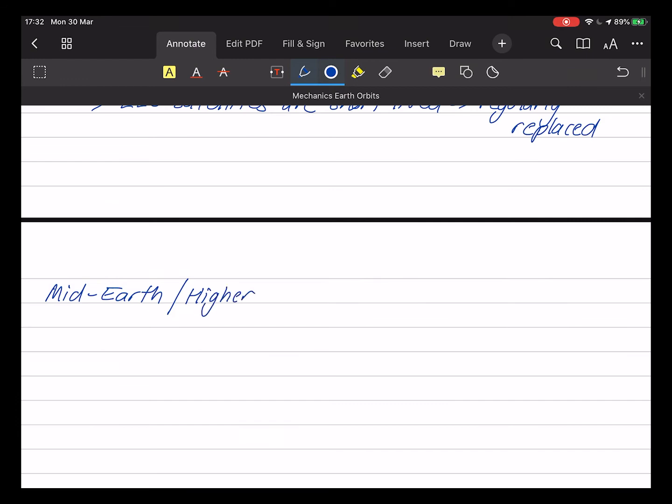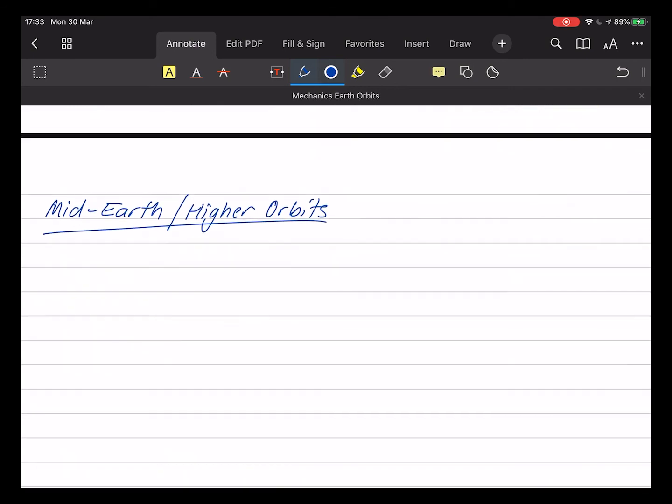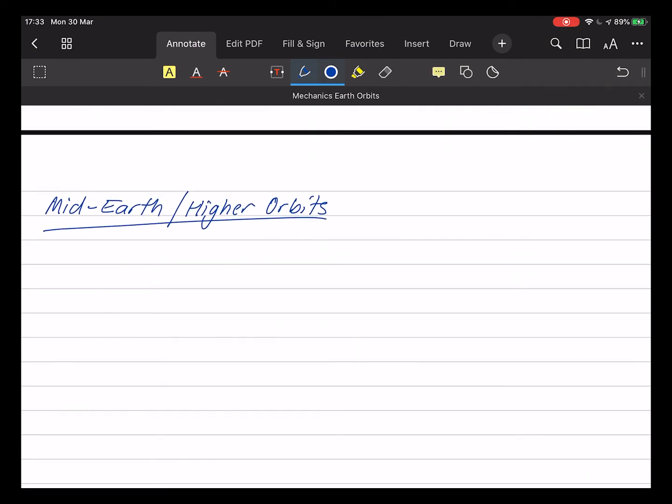Higher than low orbit, mid-Earth higher orbits. And the main thing you should be familiar with are the positioning satellites. So I'm going to write them. I'm going to mention three.